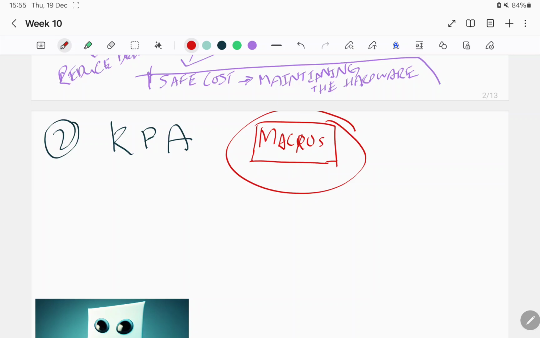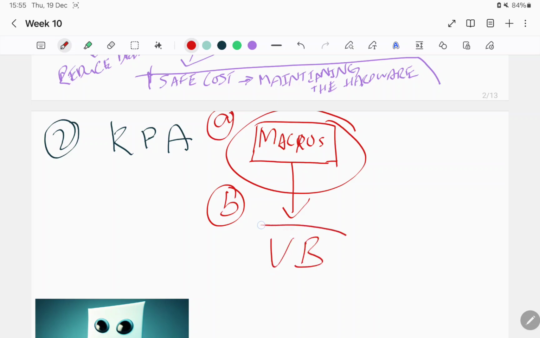Then they move into the next stage, which is level 2. This one is maybe A. Now they go to level 2, which is B. They go into Visual Basic. This is when you develop a system that can interrelate different software, not only Excel.